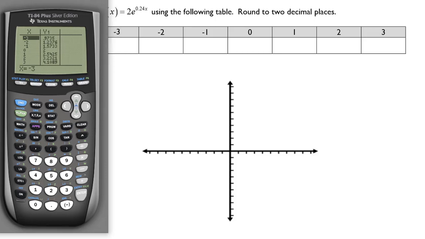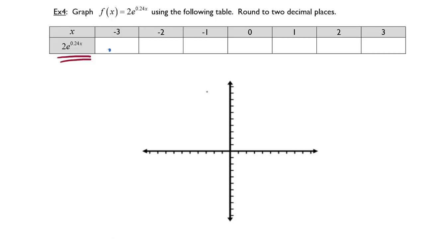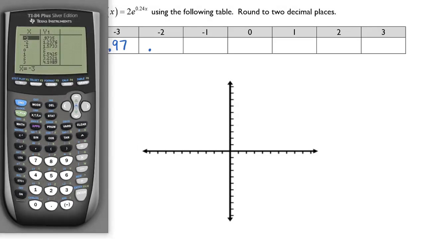I will substitute -3 in first. That will give me 0.9735. I'm just going to round to 2 decimals, so it will just be 0.97 as the first value. For -2, we have 1.24.